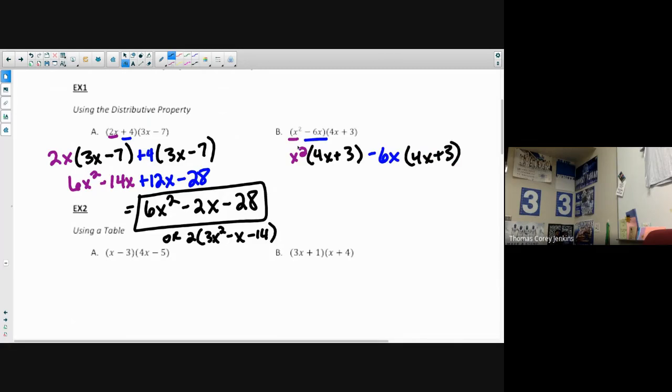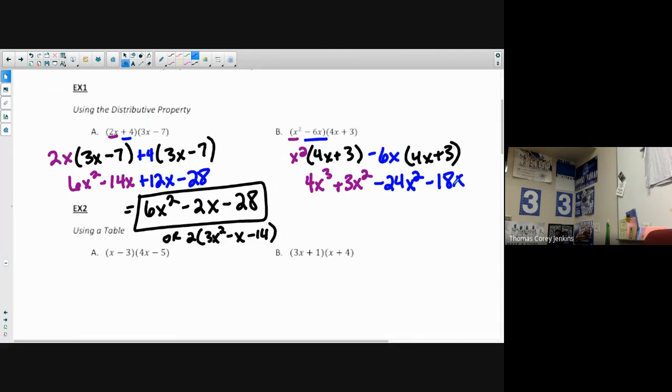All right, distributing the x squared is going to give me 4x cubed plus 3x squared, and then the minus 6x, I'm going to get minus 24x squared and minus 18x.